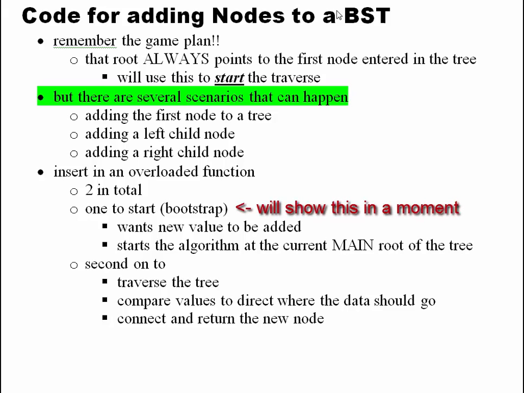The second function is the one that really does the work. It traverses the tree, it compares the values from what's in the tree to the current value in the node that you have, so it knows exactly where to go, and it does all the connection and the returning of a new node. So let me show you what that looks like.